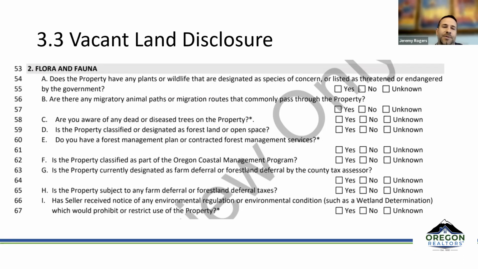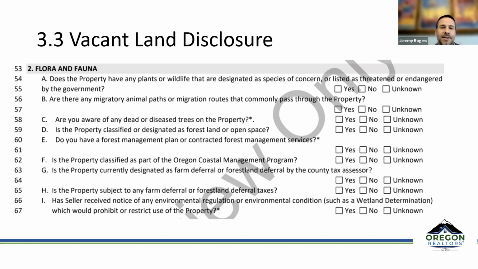And so we wanted an opportunity to disclose that. Dead or diseased trees, okay, which could create both cost for a person purchasing the property, but also liability if the diseased trees were to cause damage on other property through the spreading of disease.